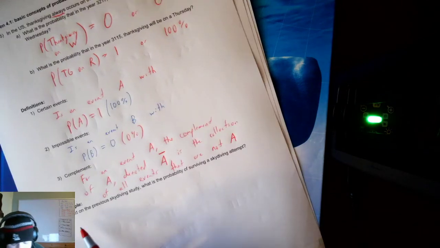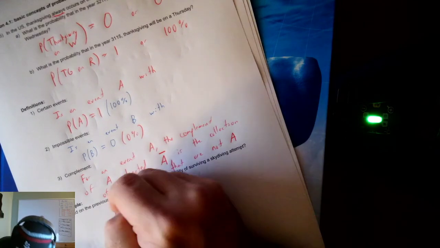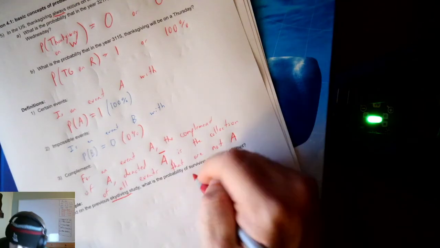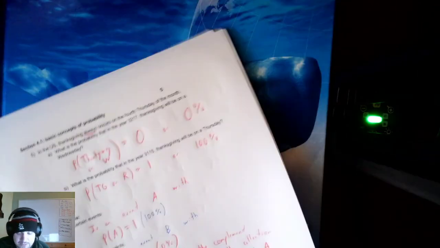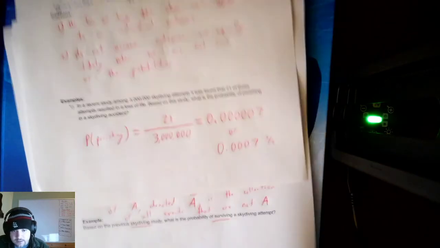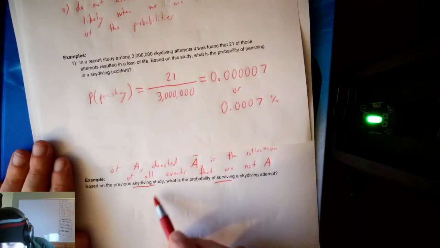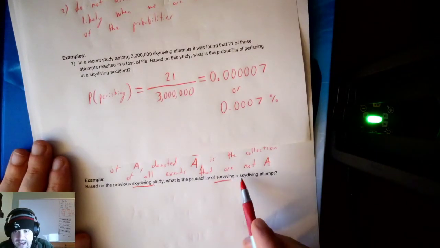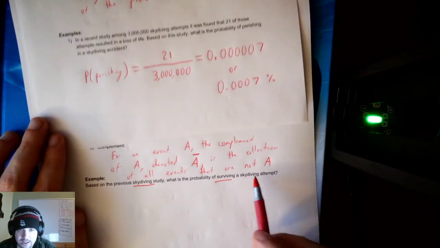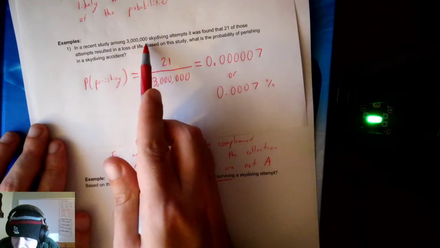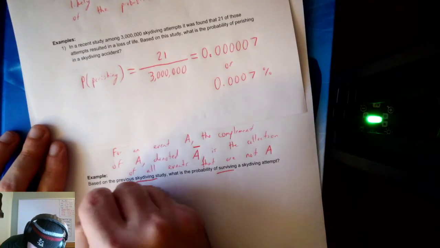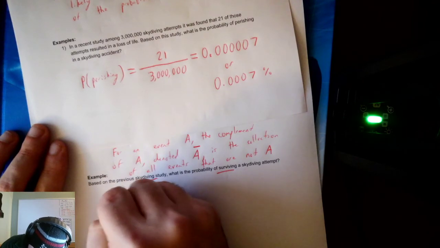Now, based on the previous skydiving study, what is the probability of surviving a skydiving attempt? Well, let's look back at the skydiving example. It said there were 3 million skydiving attempts. So I want the probability of surviving.